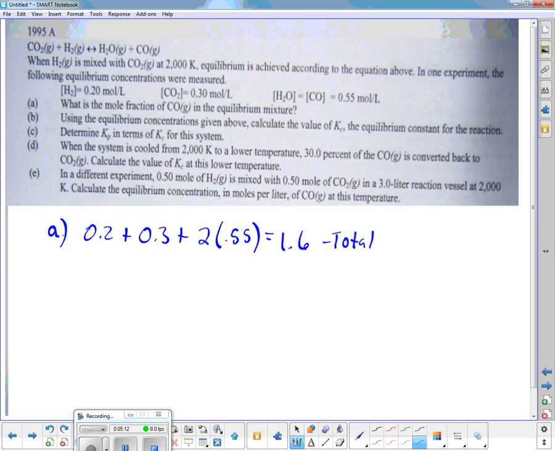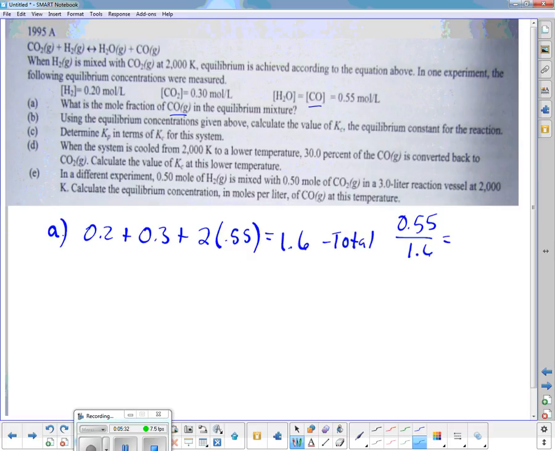Okay, and it's asking me to find the mole fraction of CO. So I take CO, which is 0.55, right? CO divided by 1.6, and that's my mole fraction of CO. Done. What do we get?